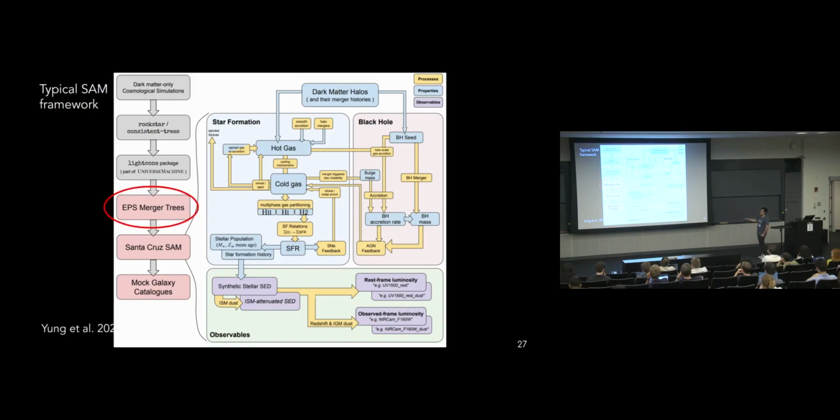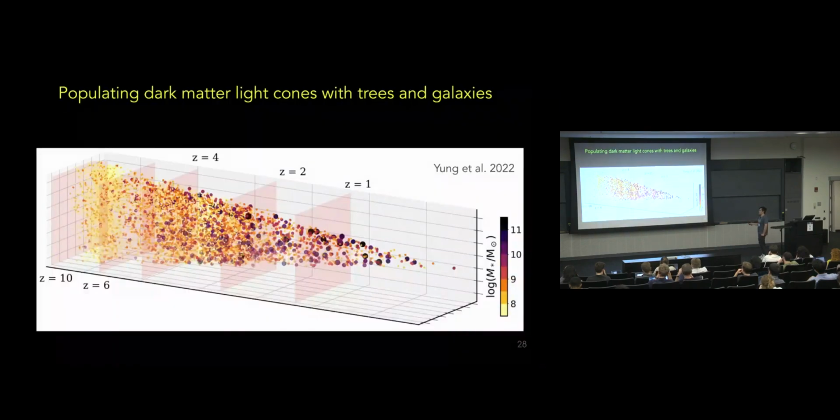So what you can do is replace the extended Press-Schechter with merger trees. The reason you cannot just keep running n-body simulations to get better merger trees, rather than generating them analytically, is that the way people generate light cones includes tons of halos. This is a lot of dark matter halos, and you want to generate merger trees for each of them.